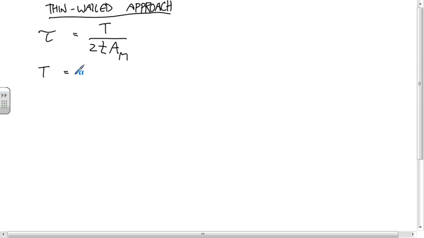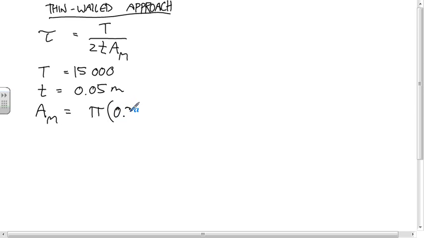The torsion is 15,000. The thickness is 0.05 meters. The area at the median is pi r squared. And what's r going to be if it's the median of that circular shape? Yep, 0.375 squared. And so you get a value of 0.442 meters squared.